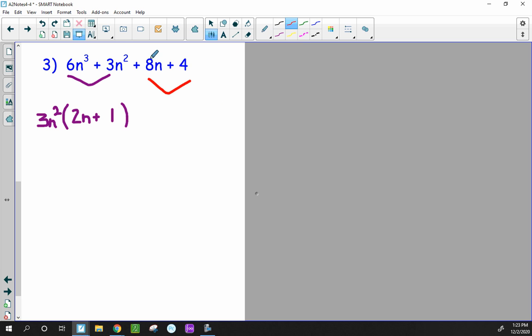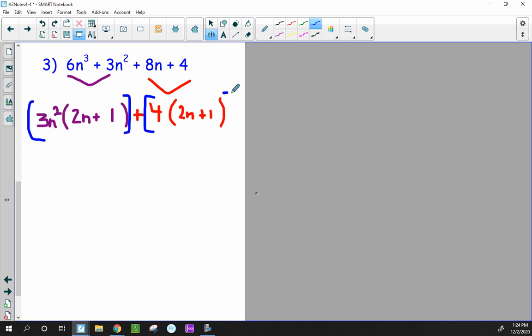Last 2 terms, I notice both of these are divisible by 4. Also, I notice the signs are both positive, so I'm going to use a positive 4 as the GCF. Positive 4 times something is positive 8n. You'll fill that in. Positive 4 times something is positive 4. Throw in my bracket.